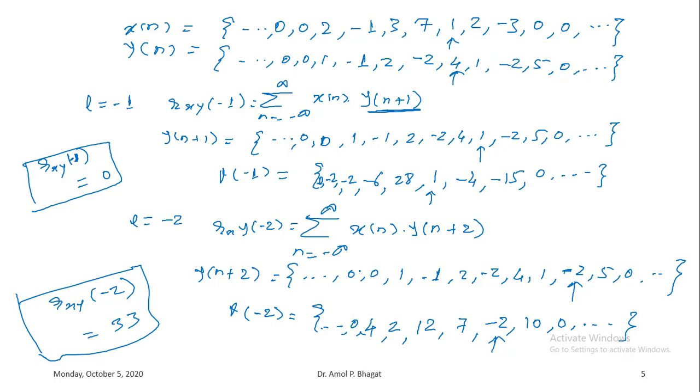Similarly for l equals minus 3, you will get the formula rxy of minus 3 equals summation n equals minus infinity to infinity of x of n into y of n plus 3.